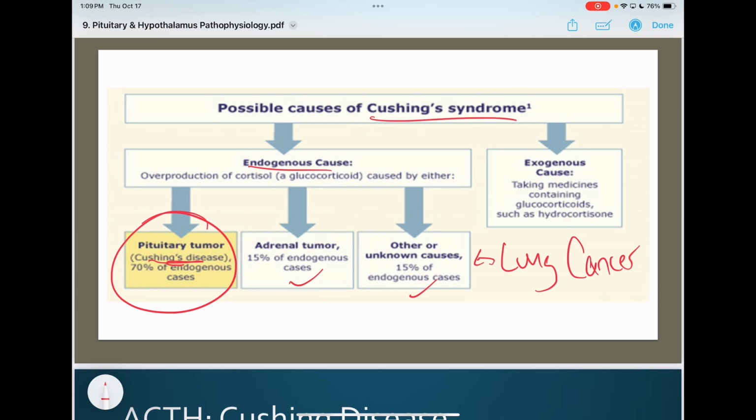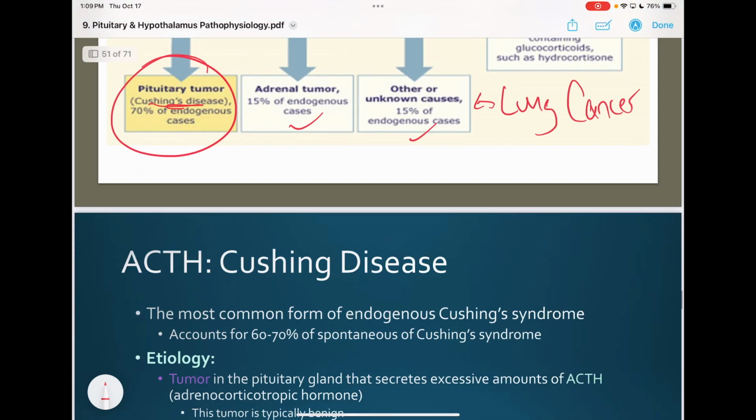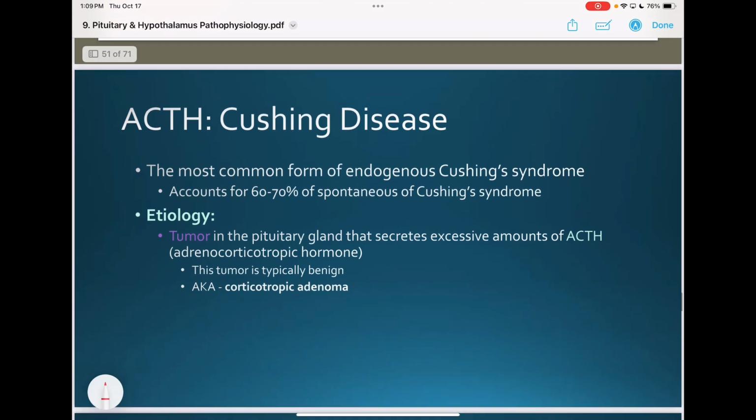So they just keep pumping out ACTH and nothing stops it. You have a tumor in your lung producing ACTH with no negative feedback, constantly secreting ACTH. Does your adrenal cortex know if this ACTH is from the pituitary gland or from this tumor? It doesn't know, and then you get high cortisol. So we have to figure out what causes these things. I'll get to what we do in a second.